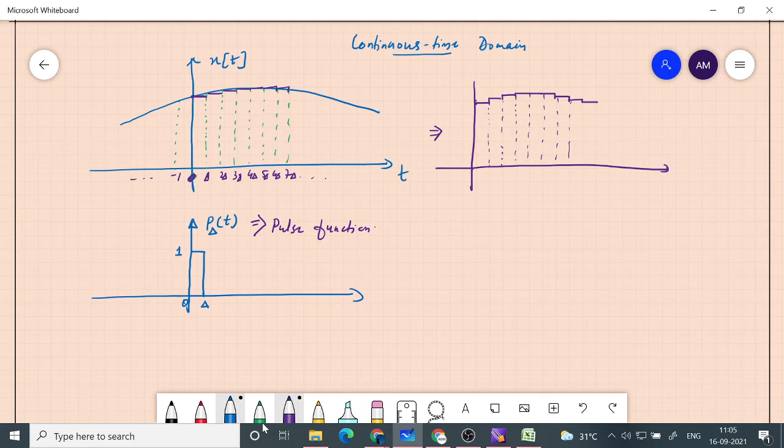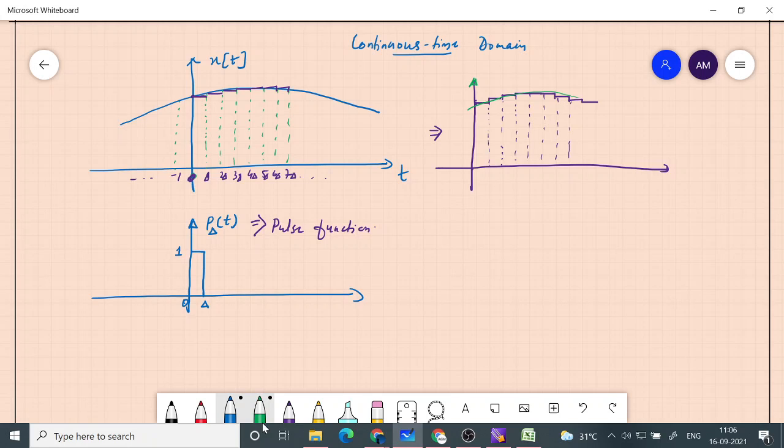So I can now draw this function here like this. There is some error in the process, but right now we are ignoring that error and trying to approximate the given function x of t.